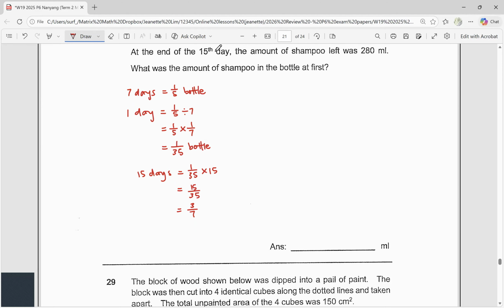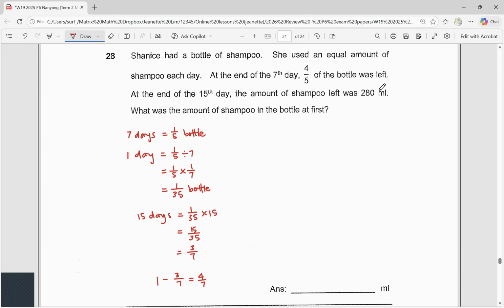So after the 15th day, 3/7 would be used. How much is left? So 1 whole minus 3/7 would be 4/7. And this 4/7 of the bottle would be your 280 ml. So 4/7 of a bottle is 280 ml.